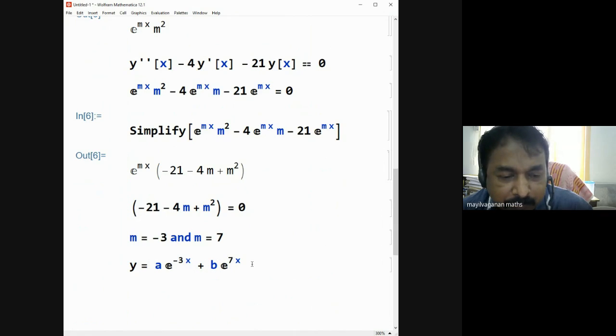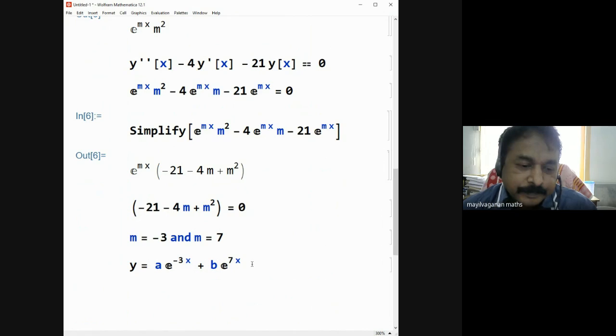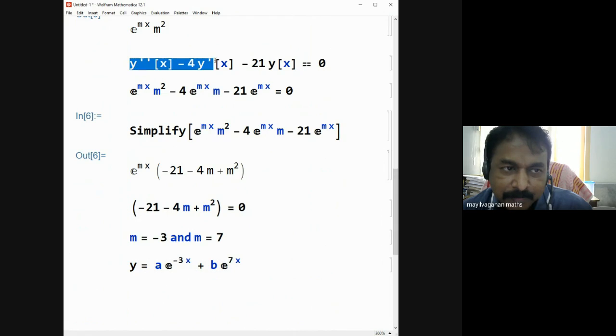And here the surprising thing is the numbers that we have started with are the arguments of x in the exponential functions in the solution of the second order differential equation given here.